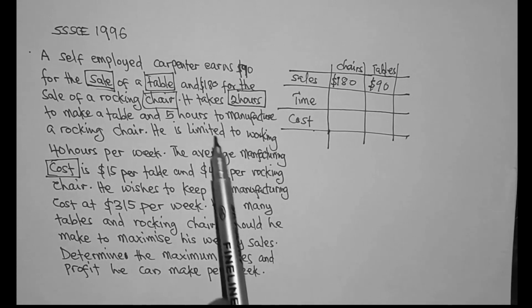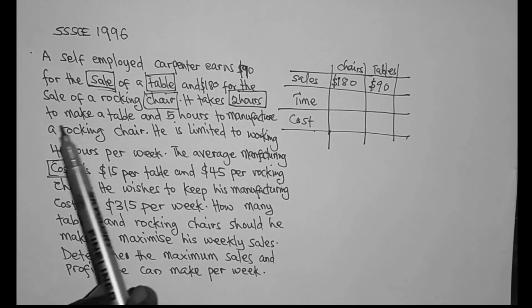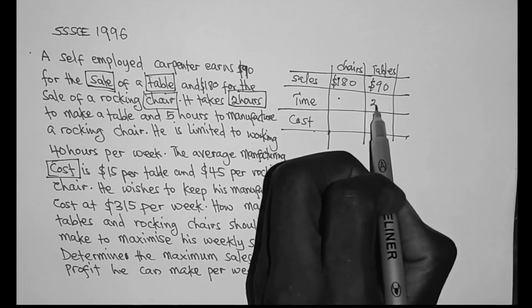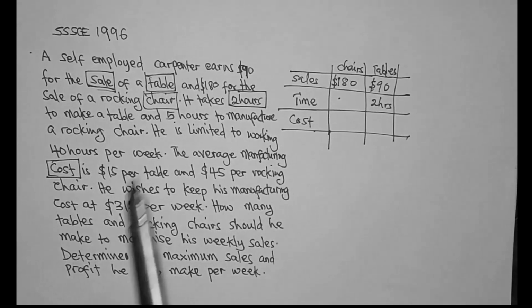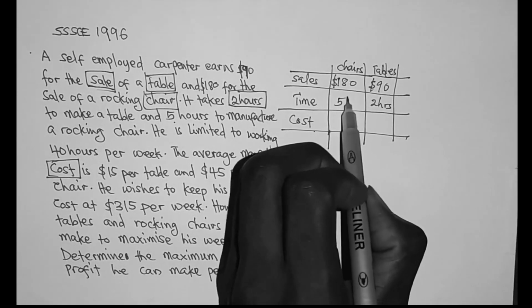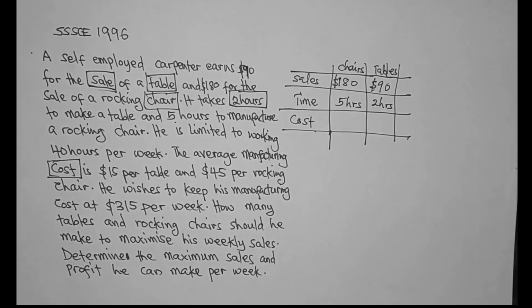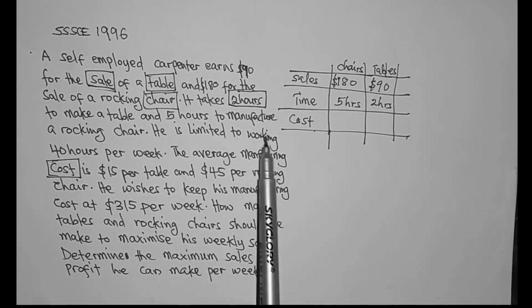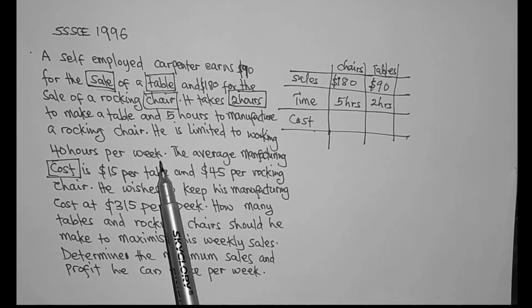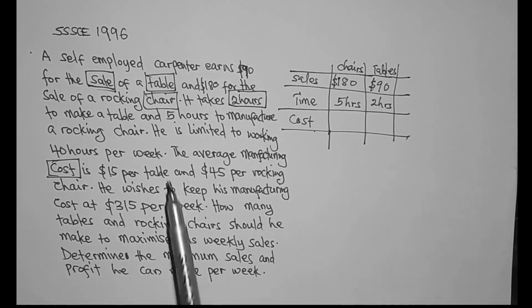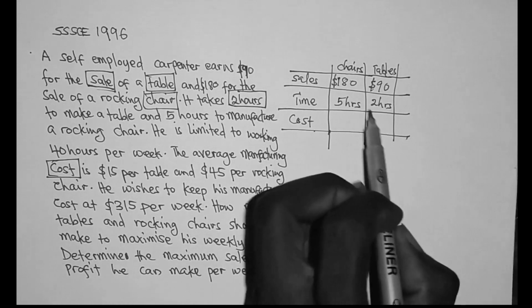Now, it takes him 2 hours to make a table. So the table is 2 hours. And then 5 hours to make a rocking chair. So the chair is 5 hours. Then the question also says he's limited to working 40 hours per week. The average manufacturing cost is $15 per table. So when it comes to table, it is $15.